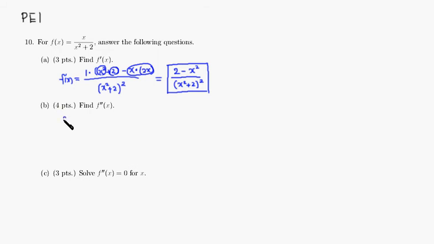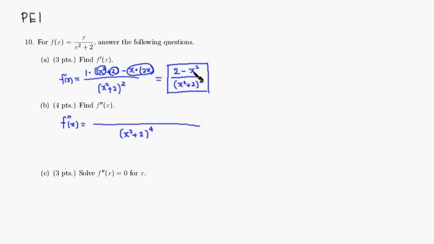So f double prime of x is going to be, another quotient rule. So square the bottom. You have quantity x squared plus 2 raised to the 4th power.